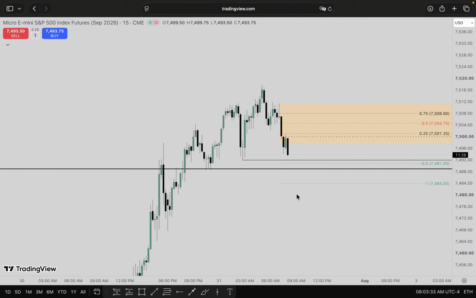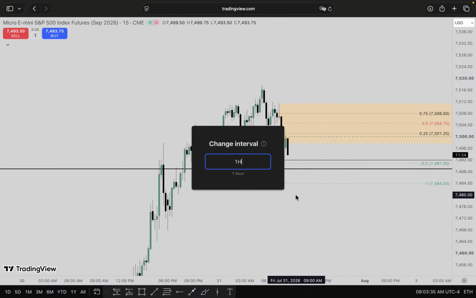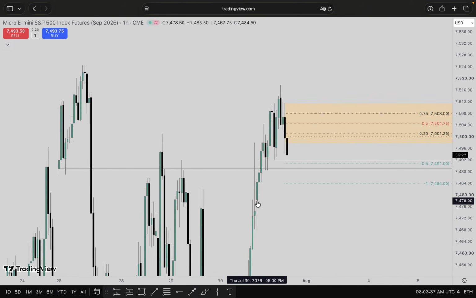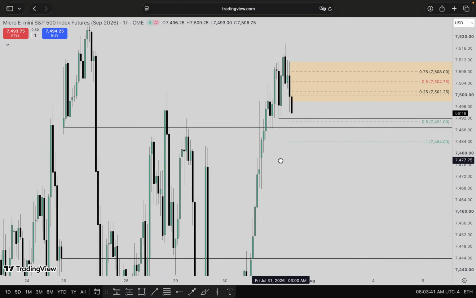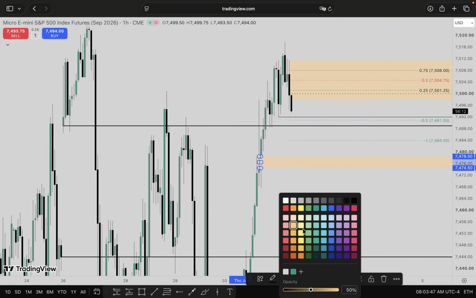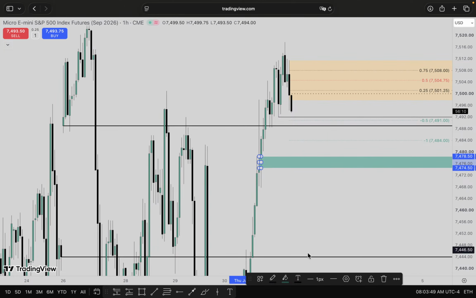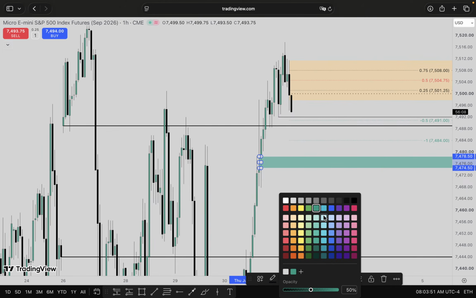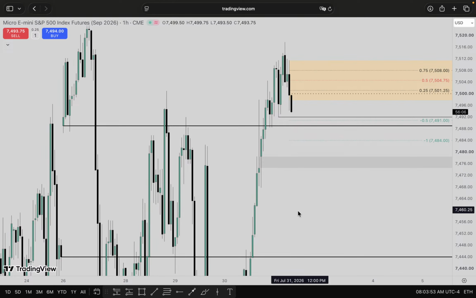This can push down all the way until we got this new day opening gap right here, inside of this new week opening gap. So what I'm gonna do is just add this, and I'll put this as gray.